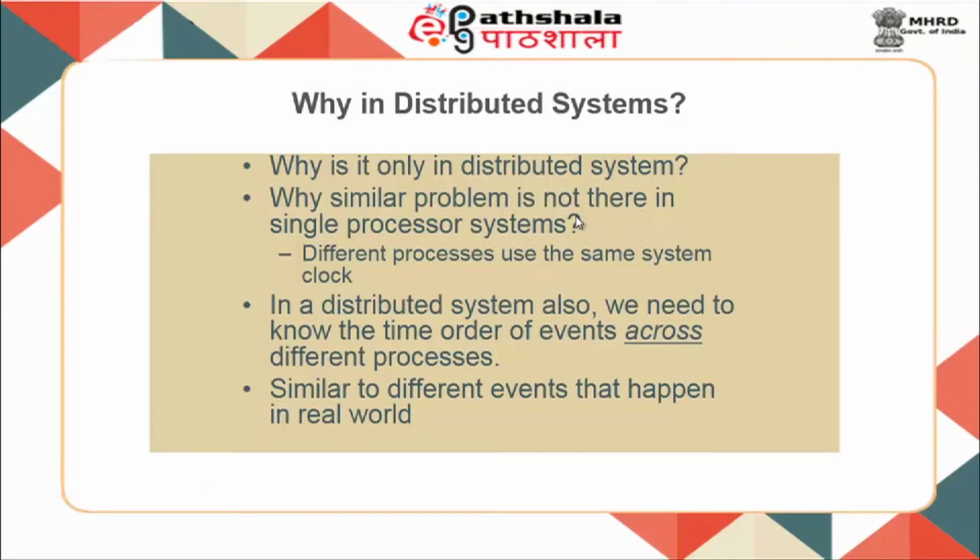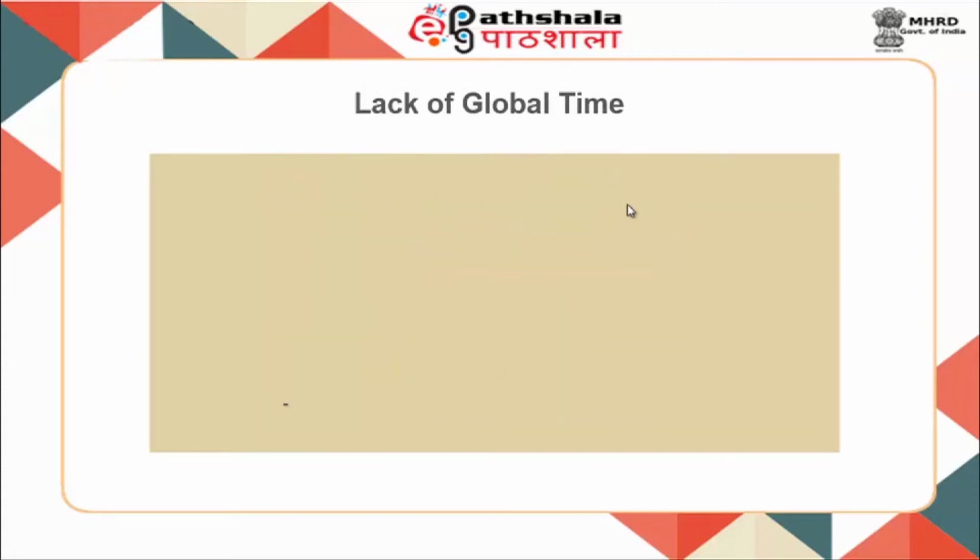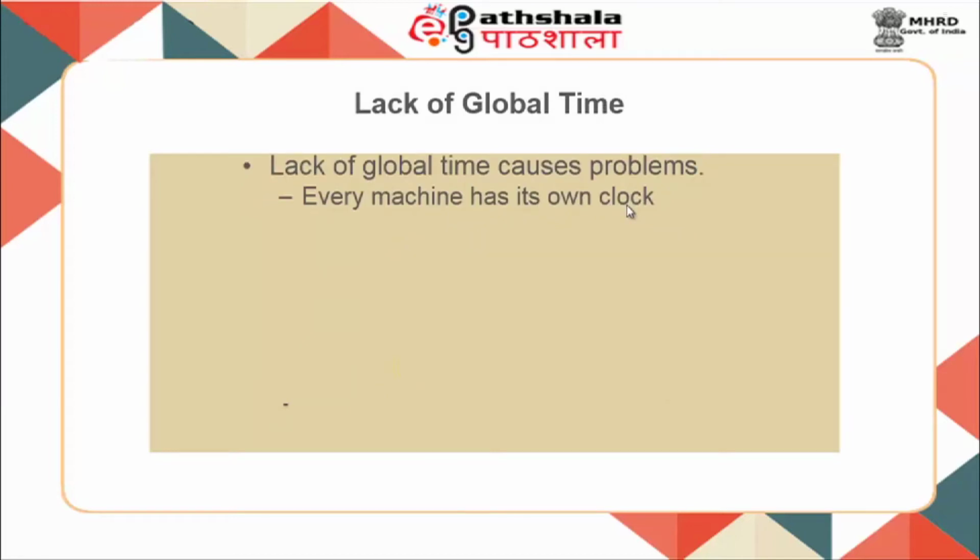So, therefore, this is identical to a real world environment where different events happen according to the clock of the local time. So, what we are actually having a problem is that there is no global clock or global time.